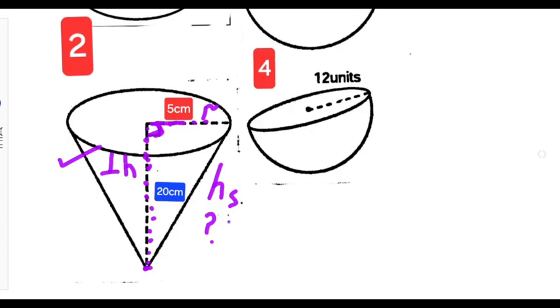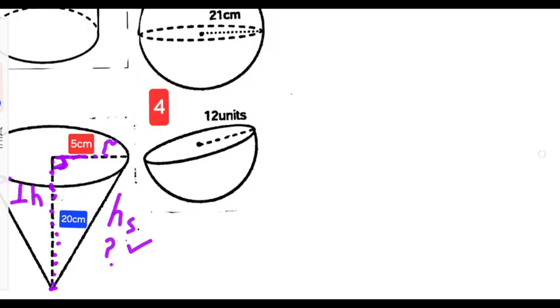Very important. So now I can show you how to find the volume and the surface area of the cone. The top is a circle.